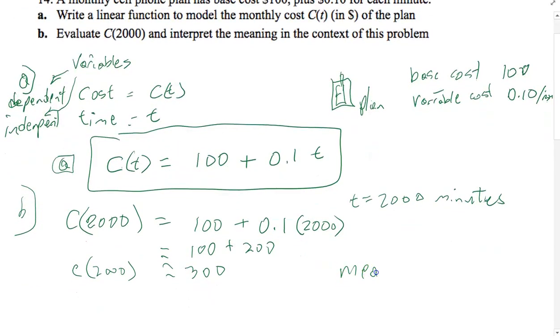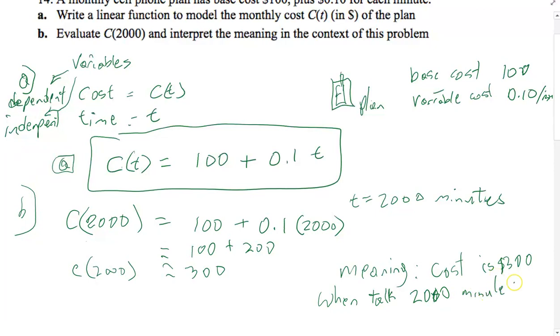The meaning is that our cost based on this plan is $300 when we talk 2,000 minutes using this plan.